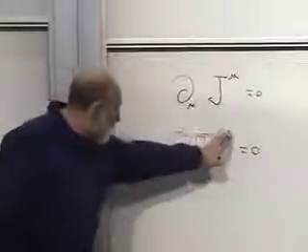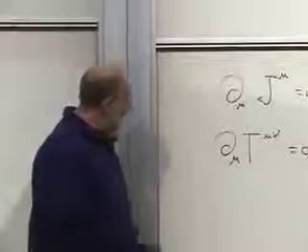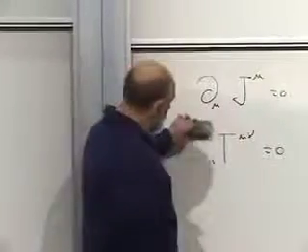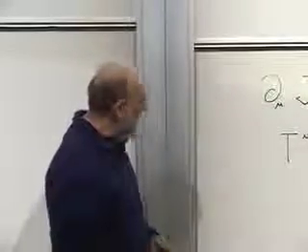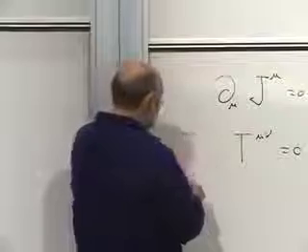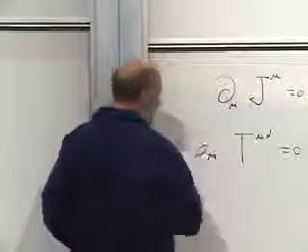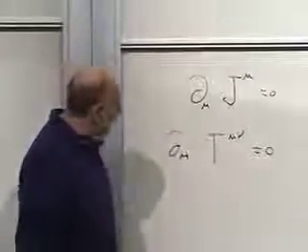And so for each nu, this is a continuity equation. The correct continuity equation, and I'll explain the difference in a little while, is that in this form, it doesn't really make sense. Why not? Because it's not a covariant derivative.